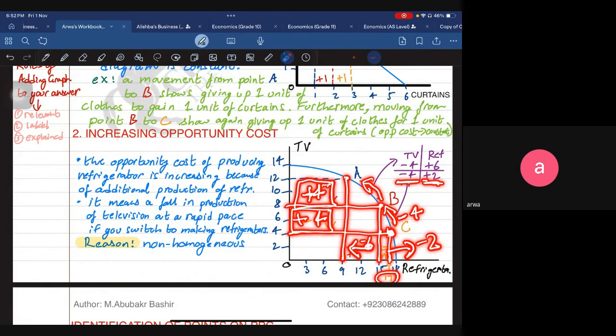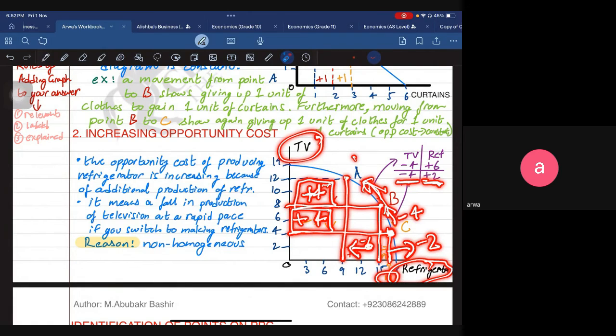So in that way, although the increasing opportunity cost concept will go for TV and the refrigerator both, the rise of that opportunity cost is a bit slower when it comes to TV compared to the refrigerators, right?